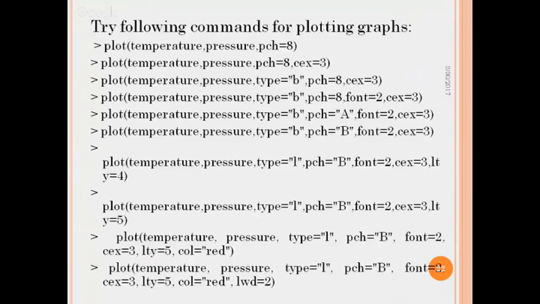And then we have done the properties of lines, that is LTY, line type, and LWD, line width. And another argument that we have covered for changing the color of points and lines in your graph is the color argument. So these are certain basic arguments that we can use in the plot command.